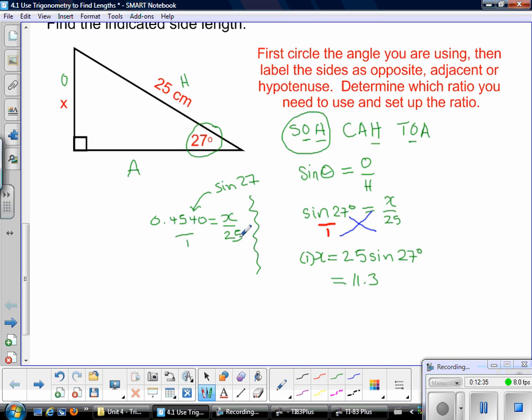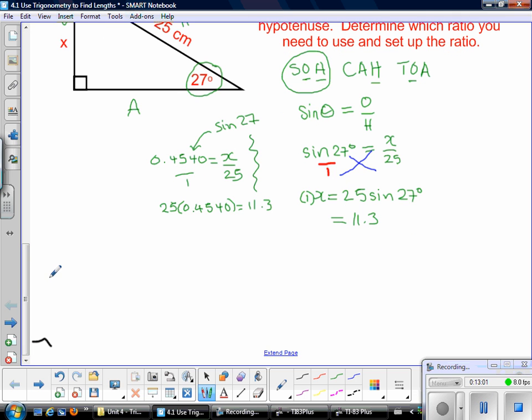I want x by itself, so I'm going to multiply both sides by 25. So it works exactly the same way, and you still end up with the exact same answer. Okay, so remember that when you have the sine of an angle, that actually is a number. And so you do end up with 11.3.